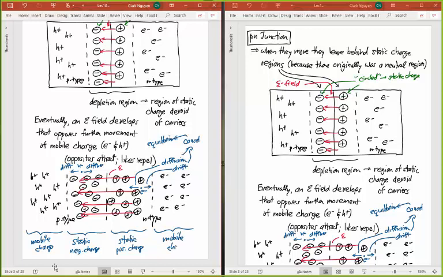I'll just call it mobile charge like I did on the other side, but obviously it's negative because those are electrons there. And so we create this system here, and this is sort of zoomed in, but usually we'll draw it like this, where you've got static charge there, you've got mobile charge here, and mobile charge here, and this area we call the depletion region because it's depleted of mobile carriers, and it's a region of static charge, basically devoid of carriers. Okay, so that's what's happening within our p-n junction.